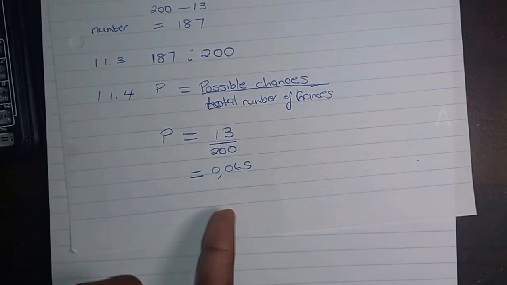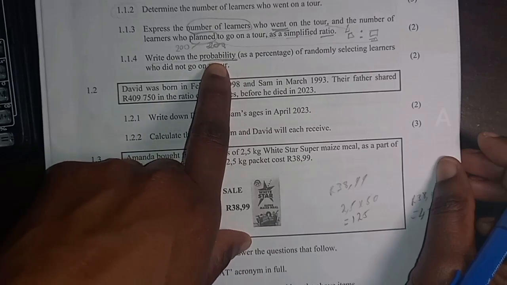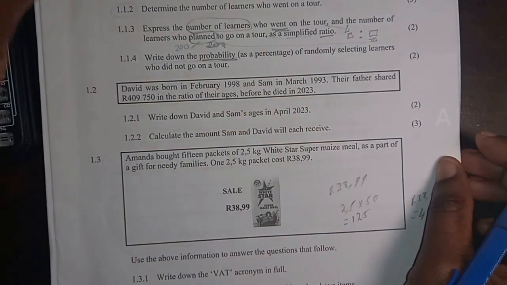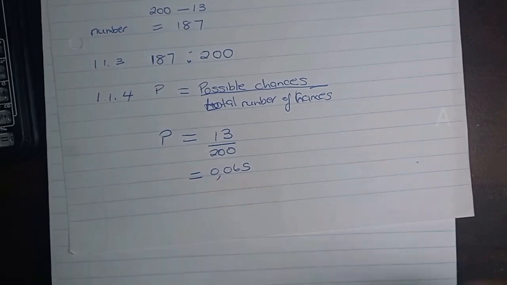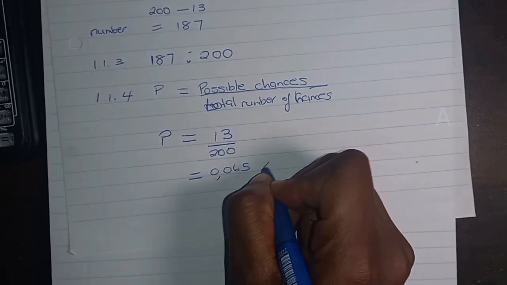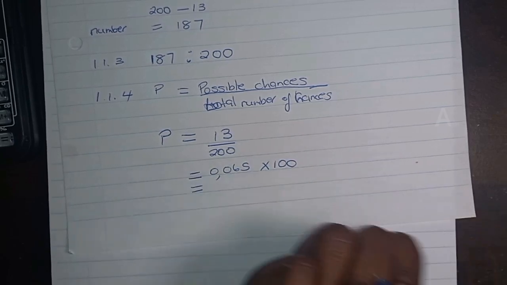I did not finish answering the question. The question says, write down the probability as a percentage, not as a decimal, but as a percentage. So it's a decimal right now. How can I turn it into a percentage? Multiply by 100, and it goes right there.